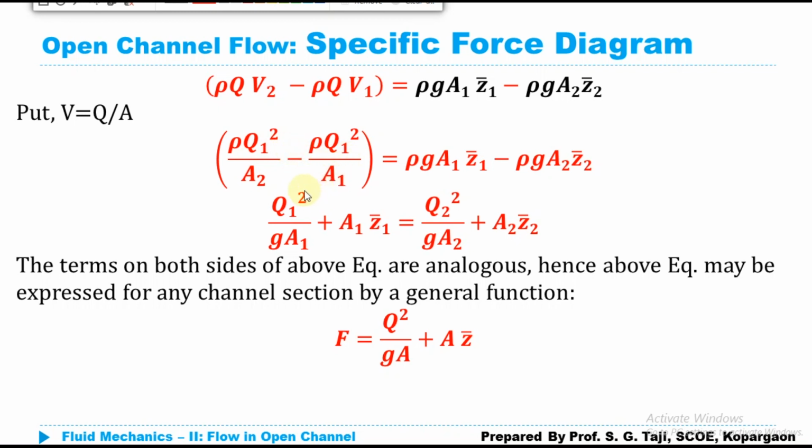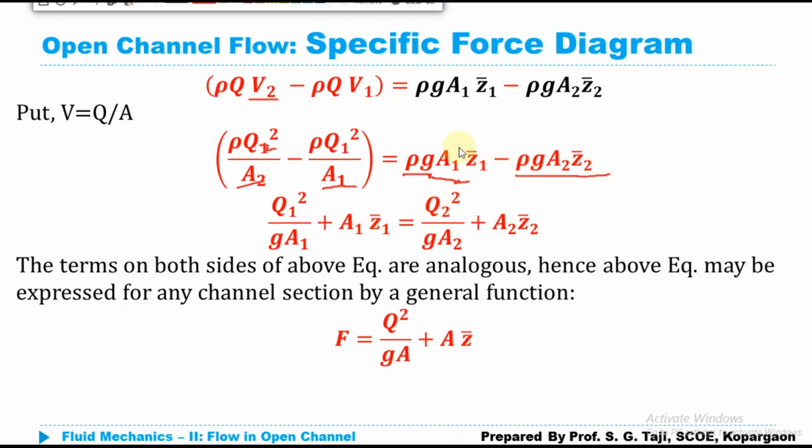So rho Q2 square upon A2 minus rho Q1 square upon A1 is equal to rho g A1 z1 bar minus rho g A2 z2 bar.